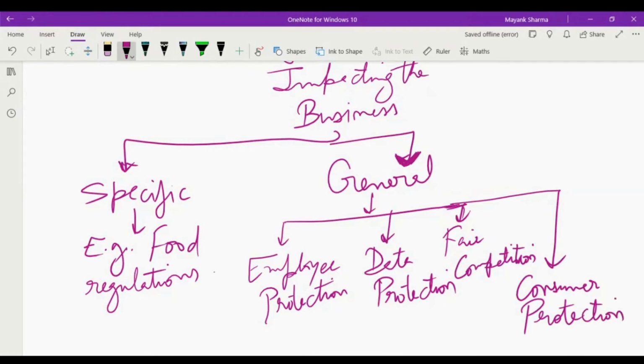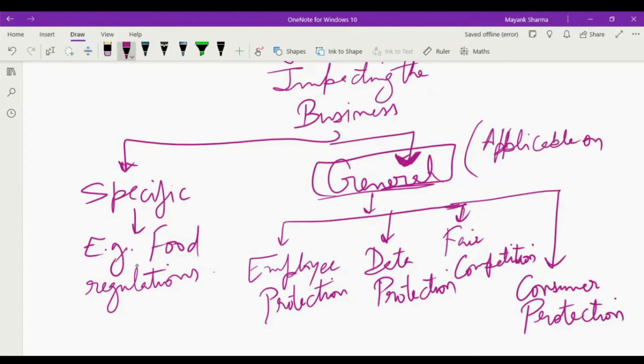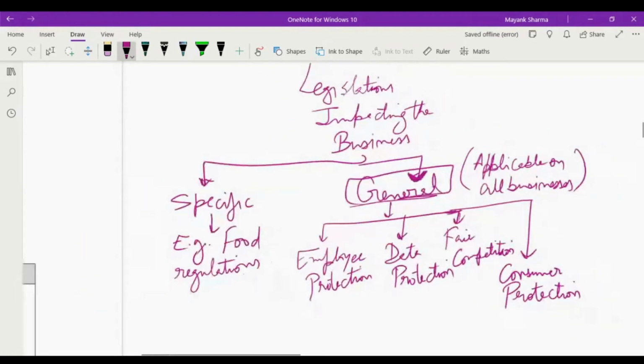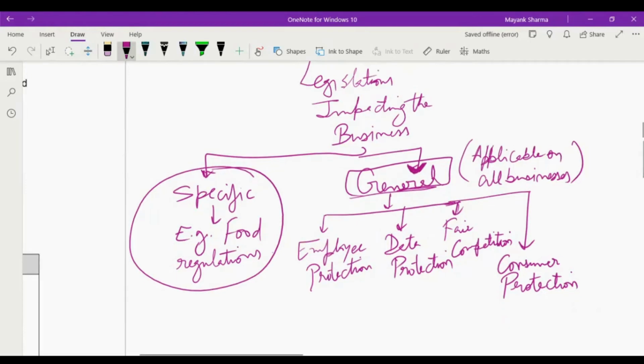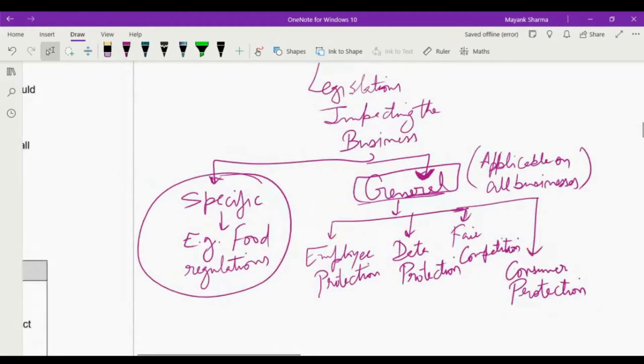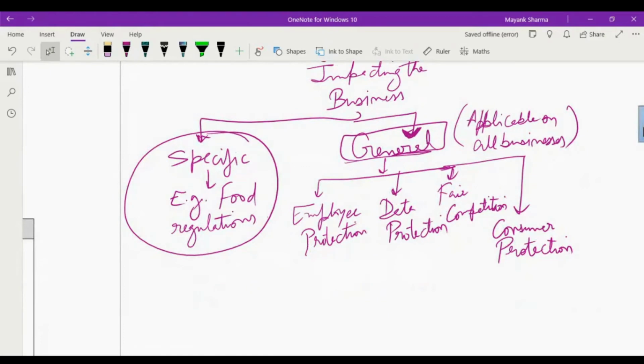General means applicable on all kinds of firms, all kinds of businesses. So we will not study specific legislations here. Later on, maybe when you are dealing with your clients, you need to go through the specific legislation yourself.